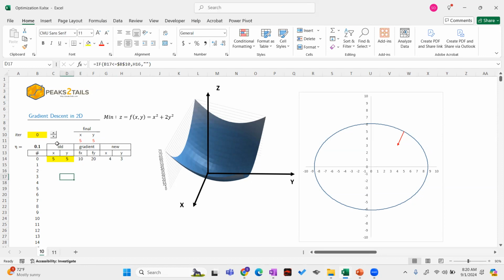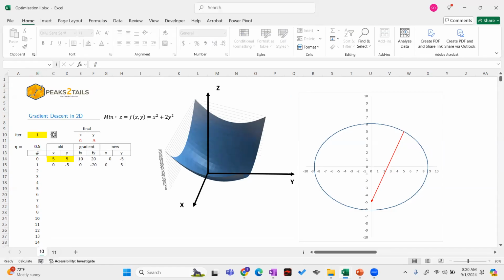Okay, all right. What if I use a bigger learning rate, 0.5? The step size is bigger. What is happening here, guys?